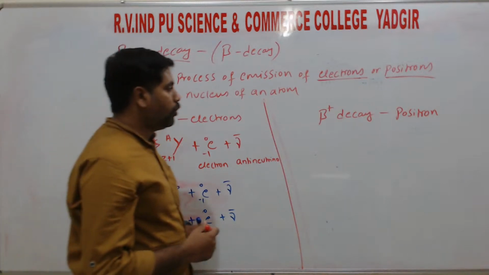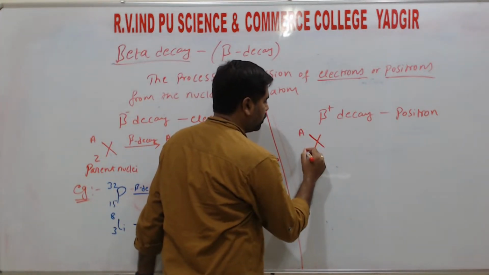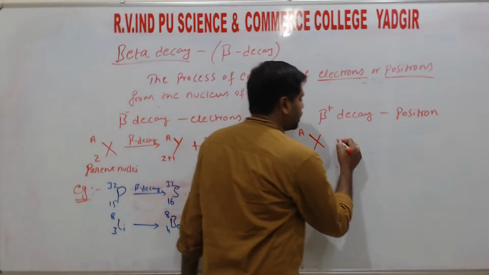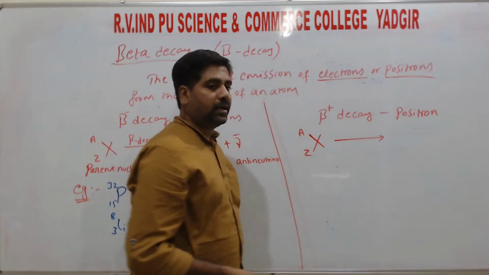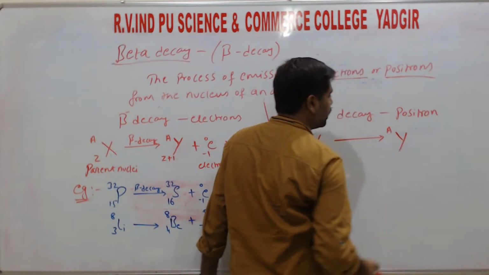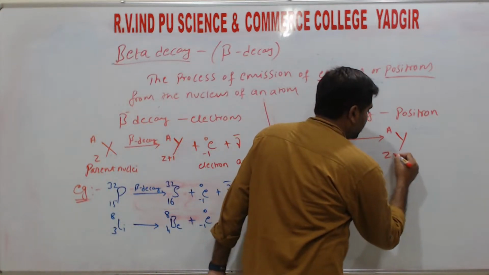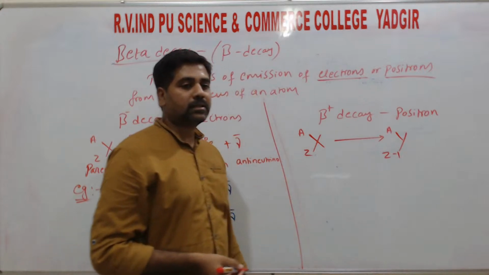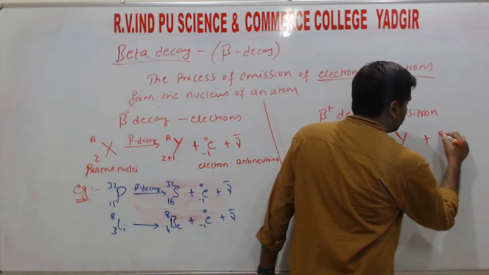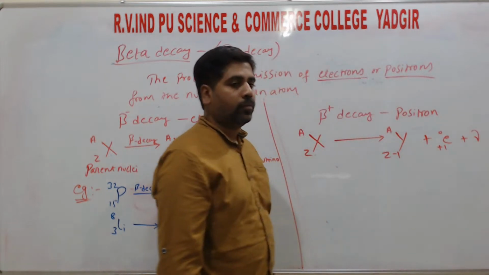Next, in beta plus decay, if we consider this as the parent nuclei having mass number A and atomic number Z, as it undergoes beta plus decay, the daughter nuclei which is formed has the same mass number, and its atomic number decreases by 1, that is Z minus 1, and we get 0, plus 1, plus nu, right?